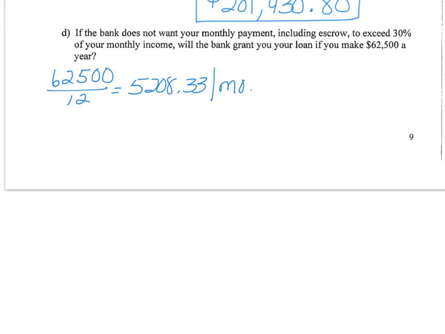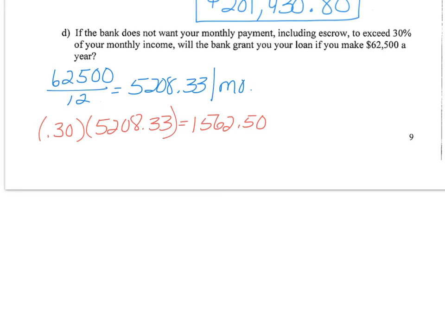So we have 30% or 0.30 times $5,208.33. So plug that in the calculator. And hopefully you ended up with $1,562.50. Okay, so basically we can't have it exceed that amount of money.